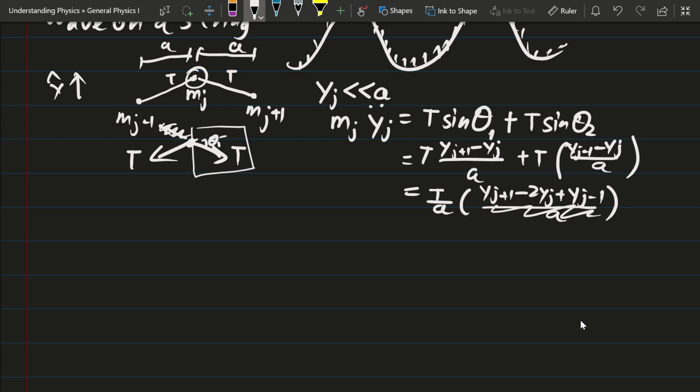So you might think that this might be impossible for you to do. Well, it is not truly that impossible, because I would just assume that each of the masses are constant. So I would get y_j double dot to be T over ma of (y_{j+1} minus 2y_j plus y_{j-1}).